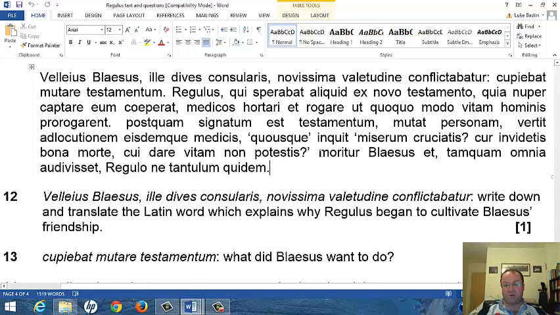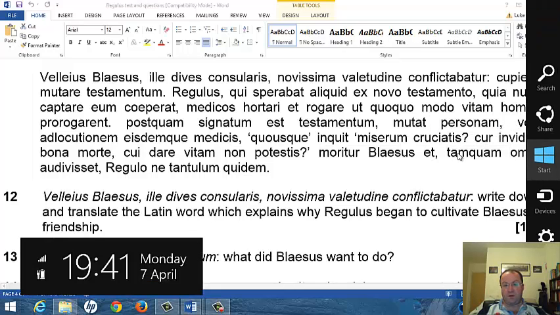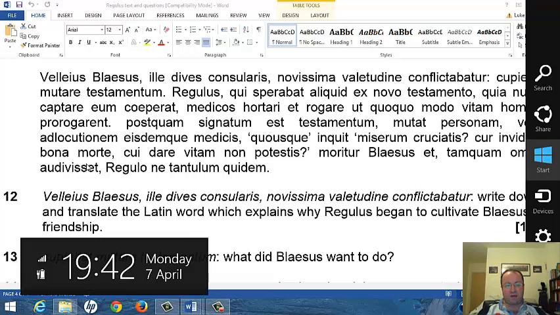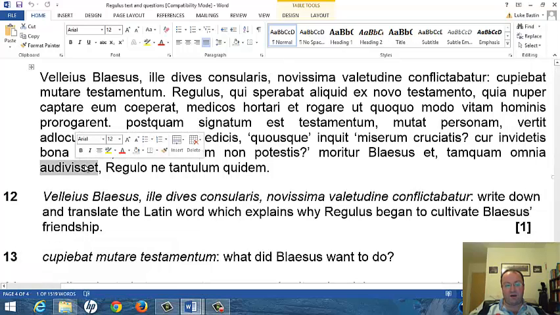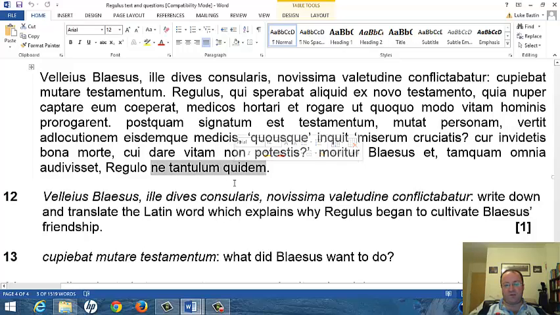Okay, moritur Blisus, Blisus dies, et, and, tamquam, as if, audivisset, he had heard, omnia, everything, ne tantulum quidem, not the smallest little thing. There's no verb, so we have to put one in. Was left. Makes sense. Regulo, to Regulus. So Regulus was not left a penny.